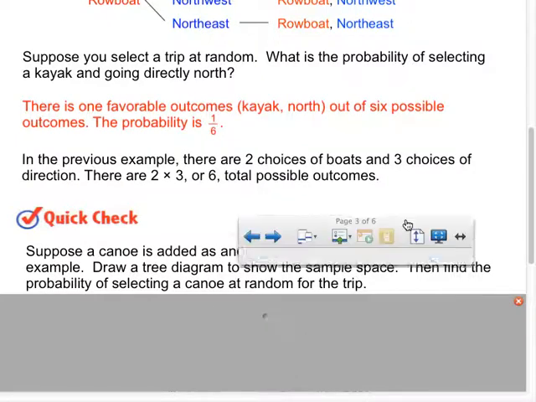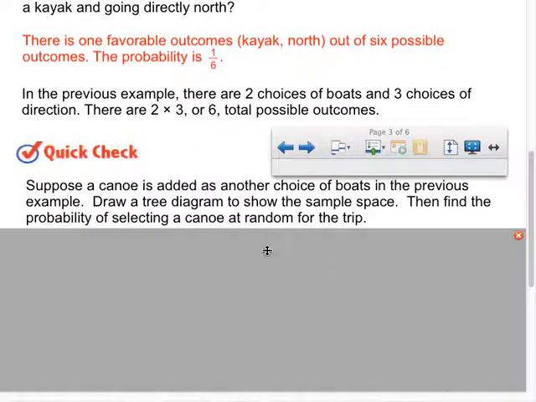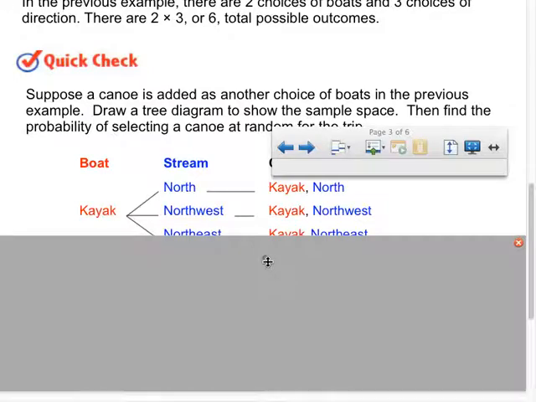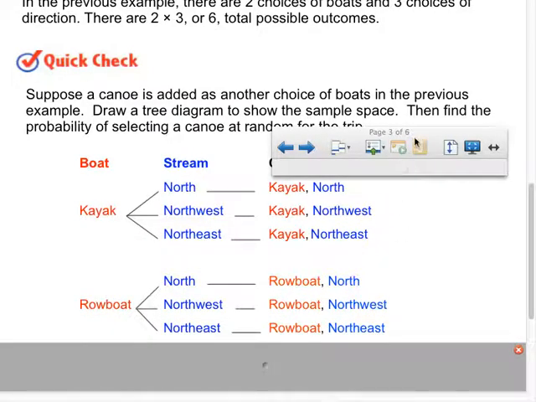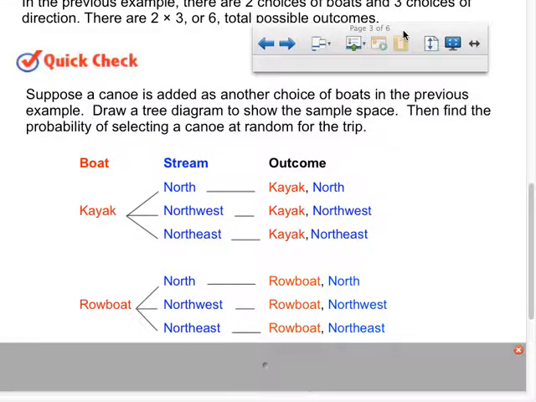I'm not going to spend too much time having you build this diagram. I will say the first part remains the same. So if you were to add to this diagram, what would the part look like that you're going to add to it? Canoe, northwest, northeast, and north.